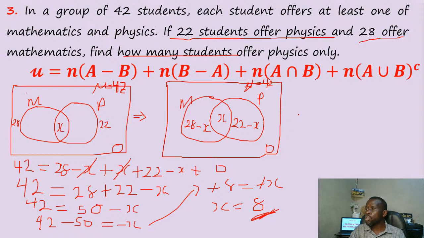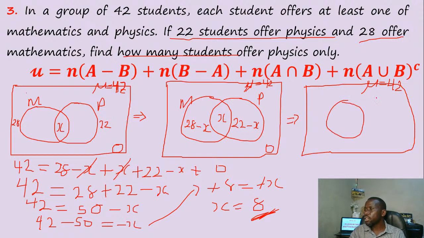Now let me redraw another Venn diagram here. Anywhere I see X, we replace it with 8. For the first circle, M, instead of writing 28 minus X, it becomes 28 minus 8, because my X is now 8. 28 minus 8 is 20, so let me write that 20 big.